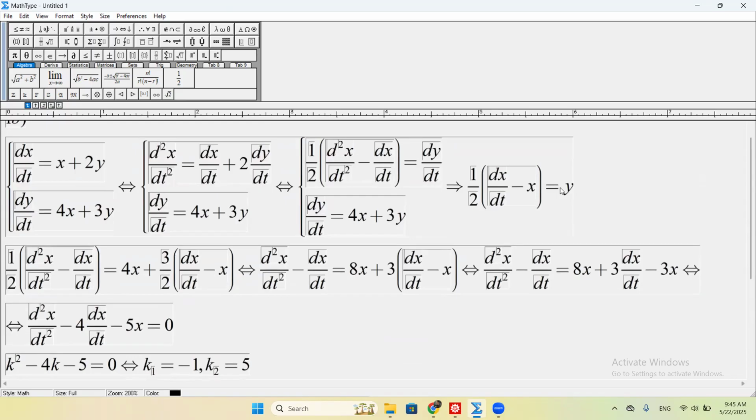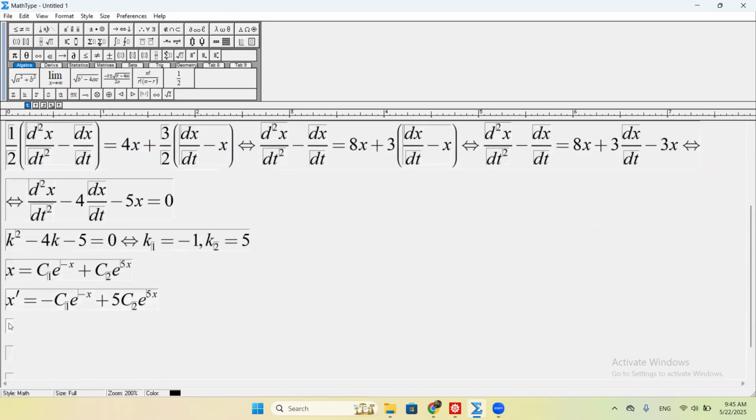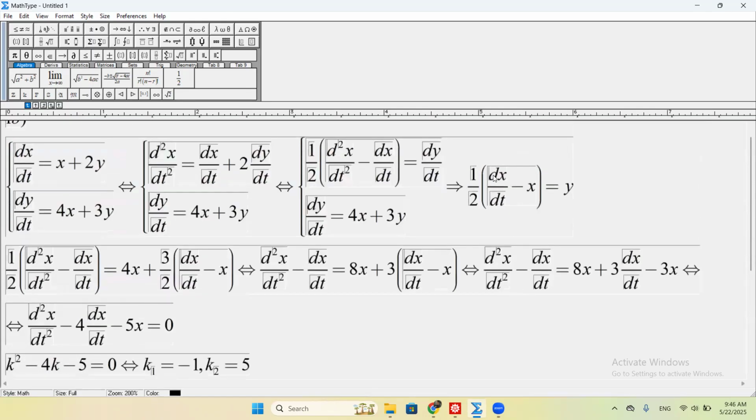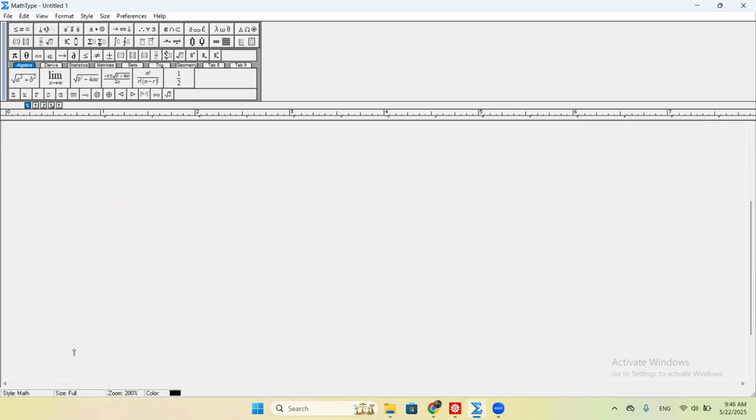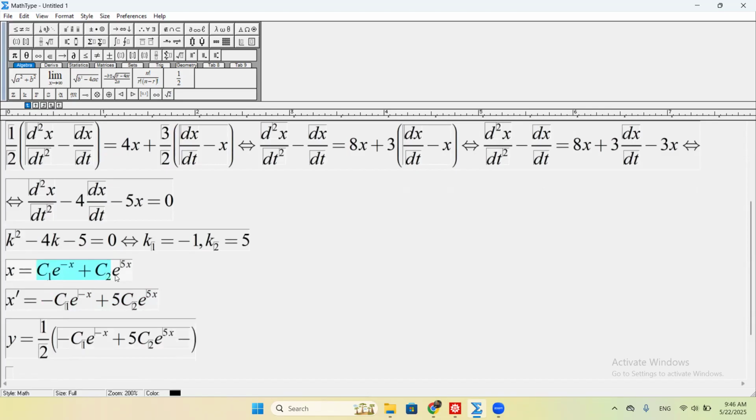So y will be equal to 1 over 2, substituting these expressions: this expression minus this.